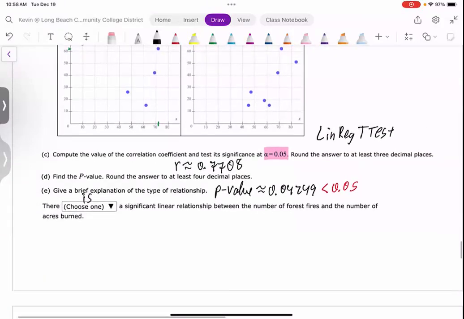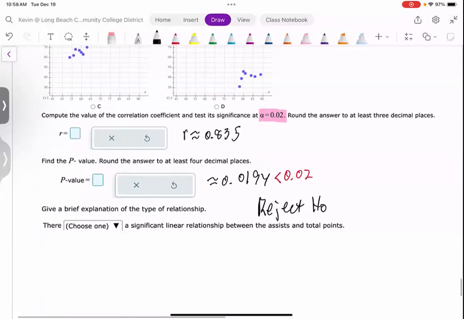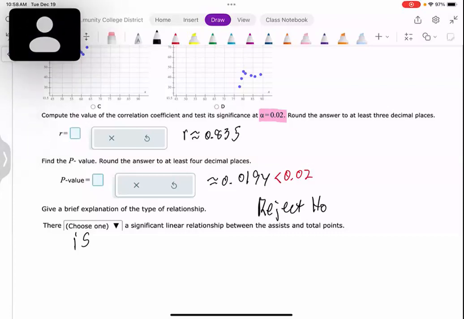Yeah, so go back, reject. And that tells us that we are in support of the alternative hypothesis, meaning that there is a linear relationship between the assists and total points. I hope that you found that useful.